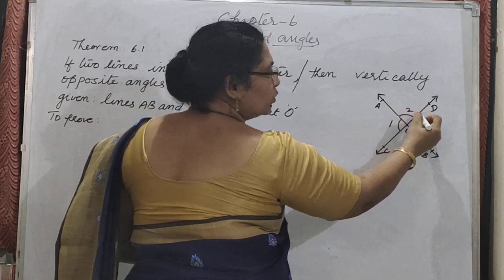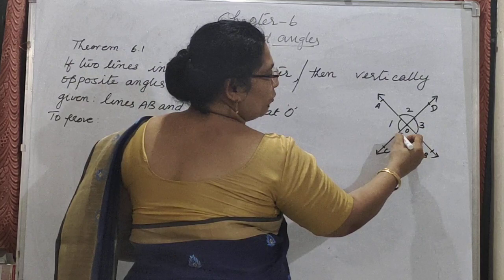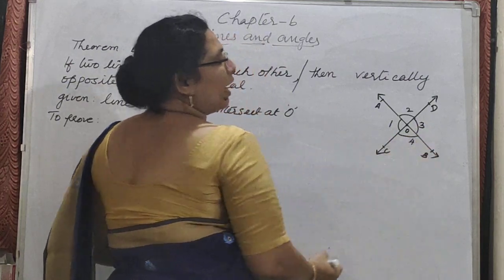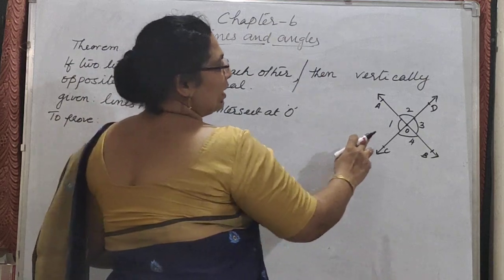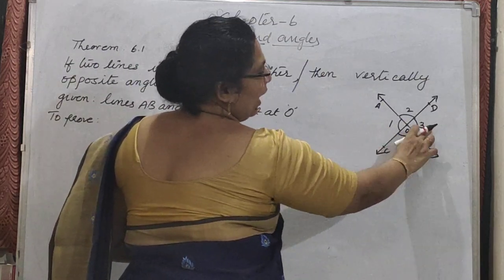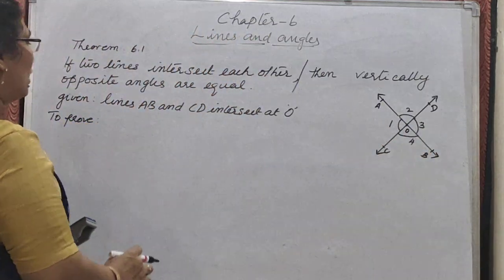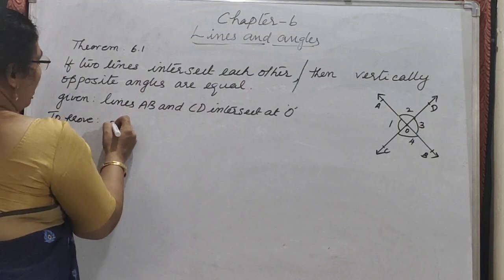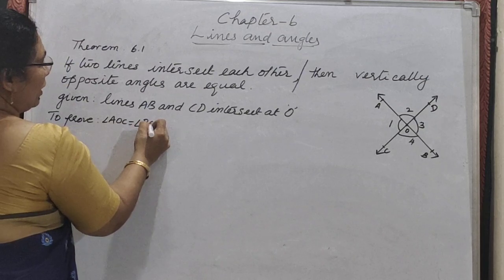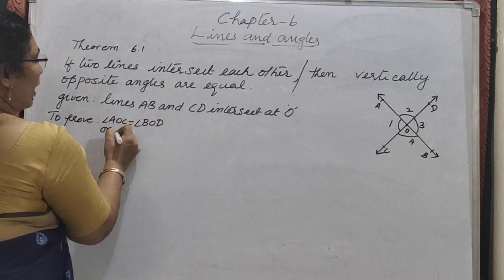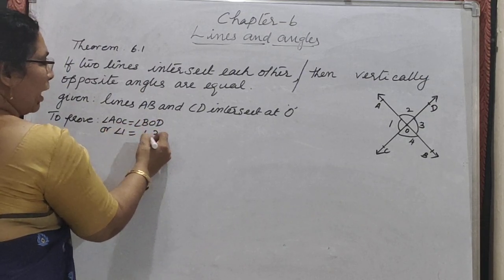I'll take it as 2, and the fourth angle is angle BOC. Now what should we prove? Vertically opposite angles are equal. So 1 equal to 3 we should prove, that means angle AOC equal to angle BOD, or we can write angle 1 equal to angle 3.